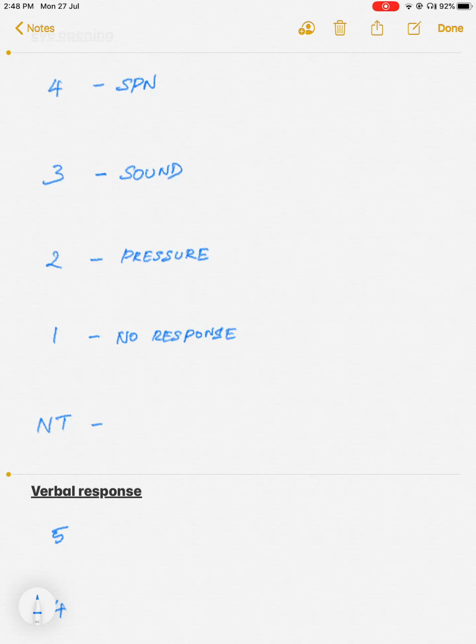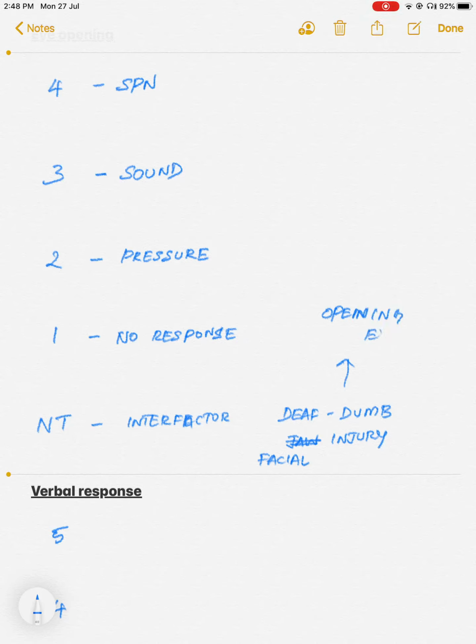If there is an interfering factor, for example the patient is deaf, dumb, or has a jaw injury, that is a facial injury restricting the eye movement, all of this can interfere with him opening his eyes. A facial fracture or a deaf-dumb patient or severe facial injuries, lid edema, all these can limit eye opening.